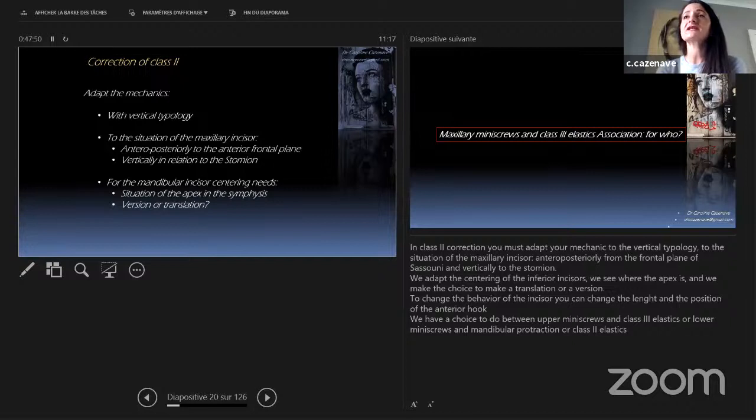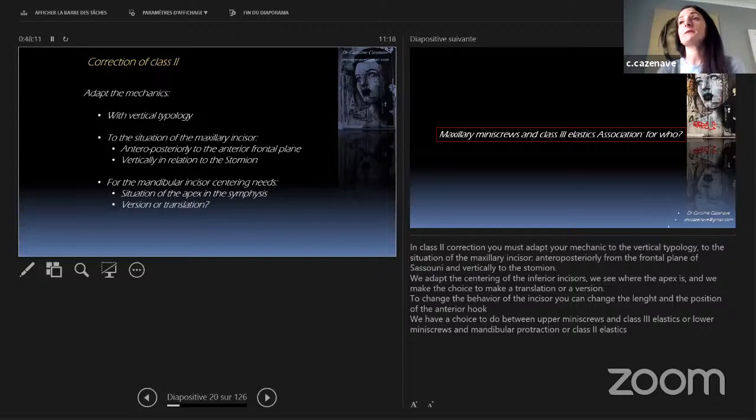In class 2 correction, you must adapt your mechanic to the vertical typology, to the situation of the maxillary incisor, anterior-posteriorly from the frontal plane of Sassoon and vertically to the stomion. We adapt the centering of the inferior incisor.